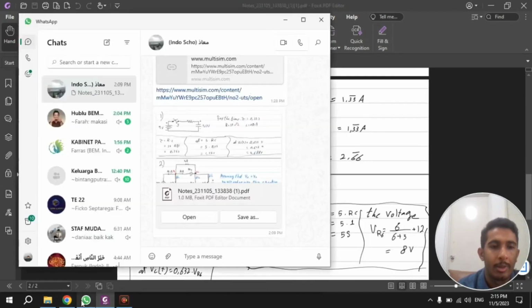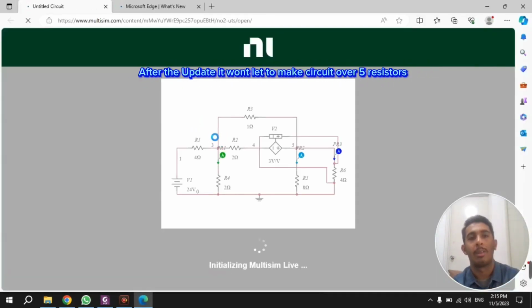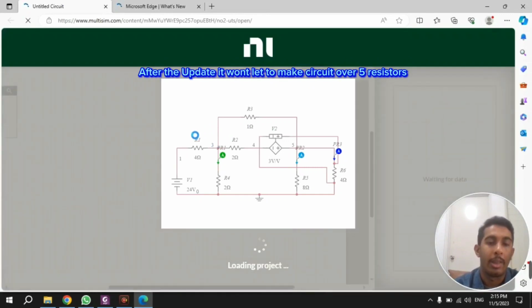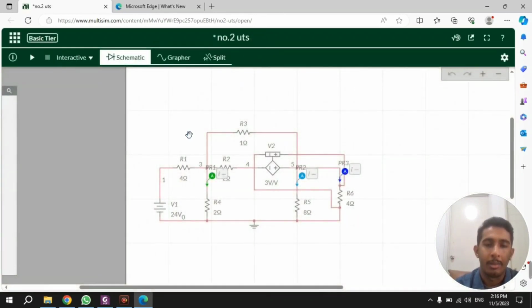So to see it in Multisim, sorry, the app only allows a maximum of five things like resistors, so I took this from my friend.